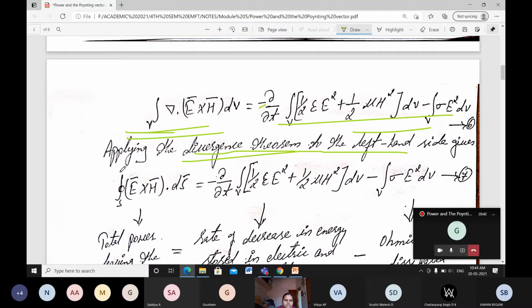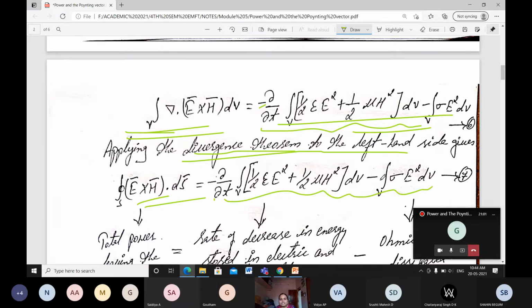That's what is changing here: closed surface integration of E cross H dot dS, instead of del dot E cross H. That is equal to minus, the same thing, and this part is written as it is here.